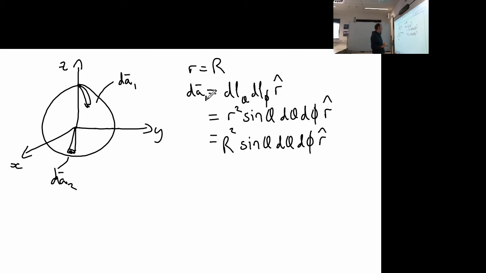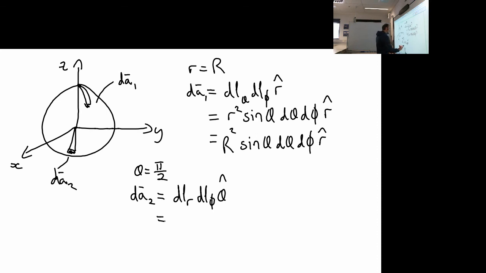Now what about the second one, dA2? So what we obtain here is, since we're in the xy plane, theta is going to be fixed at pi over 2. Okay, so here we have theta is equal to pi over 2. So our infinitesimal surface area element, dA2, will be equal to dl r dl phi, and it's in the theta hat direction, okay? Because r and phi are changing.